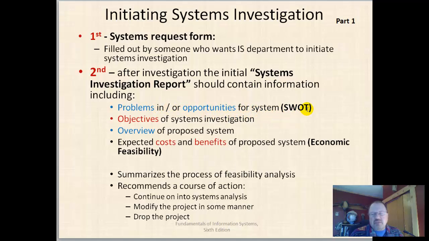Okay, so we might look at a SWOT analysis for that. Objectives of the system, overview of the proposed system, expected costs and benefits of the proposed system. So in that, costs and benefits goes to economic feasibility, which we'll talk about. Now, this also summarizes the process of the feasibility analysis, and then we'll recommend a course of action, whether we continue, whether we change it, whether we just drop it. So continue, modify, or drop.